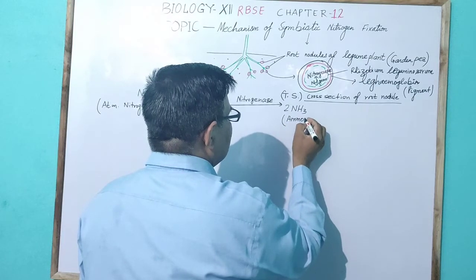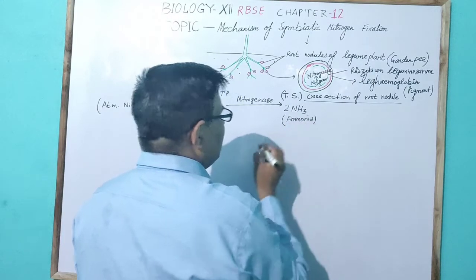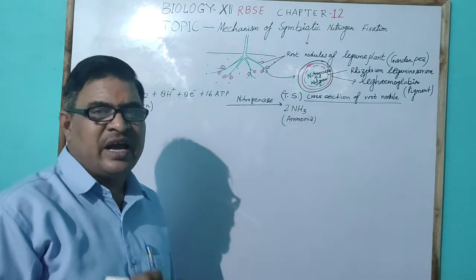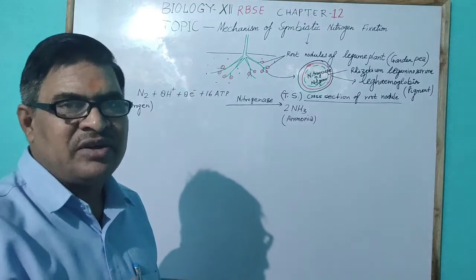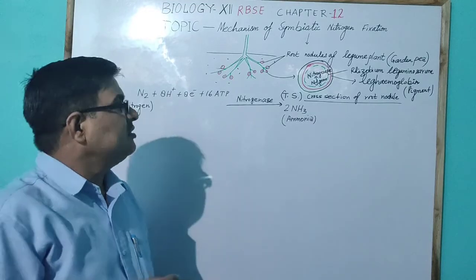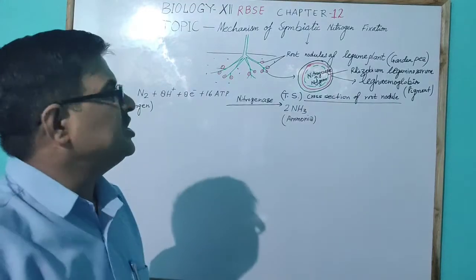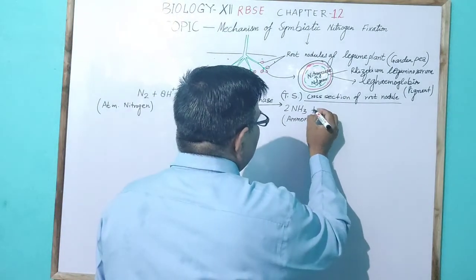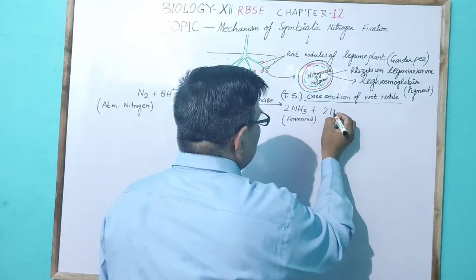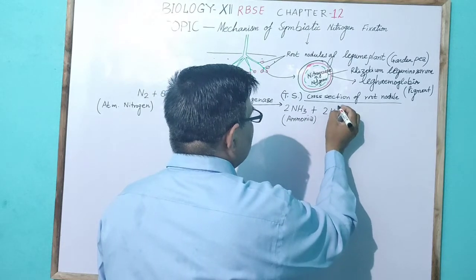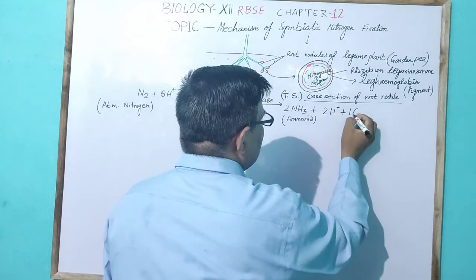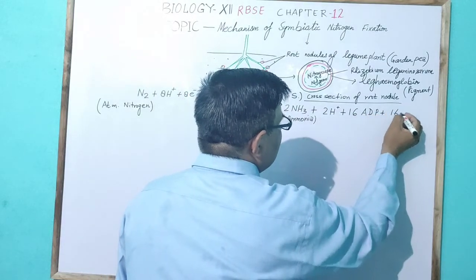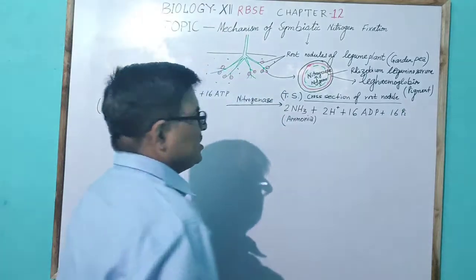This is called nitrogen fixation. Here 2 protons are also produced, and a total of 16 ATP plus 16 inorganic phosphate are produced.